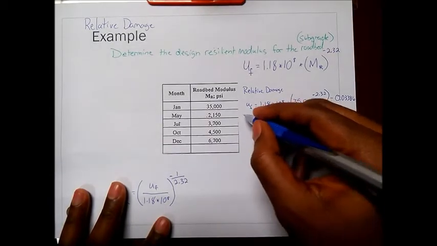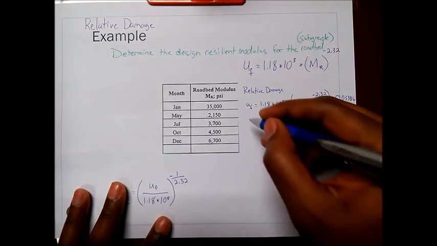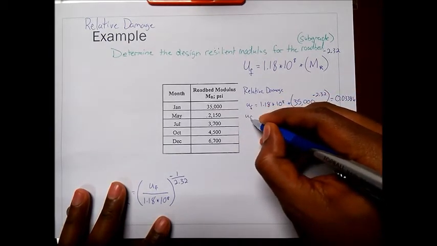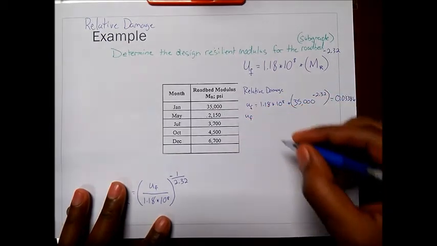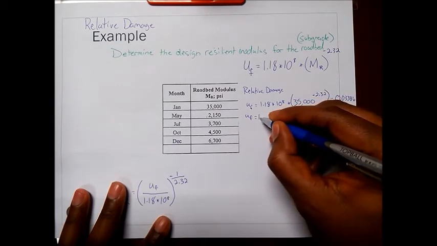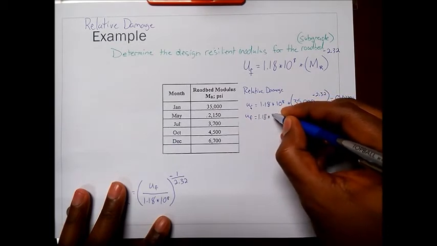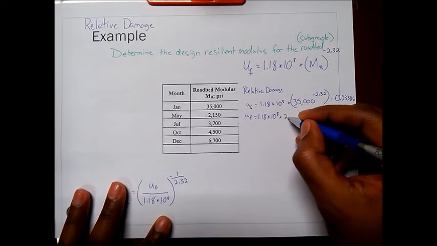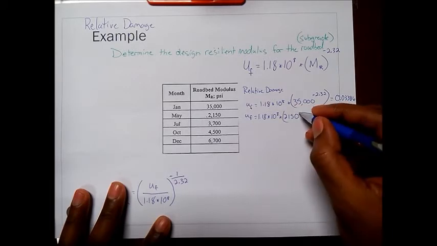Let's do it one more time, and then I'll just start filling them in. For May, you can see it's a big change, a big drop off. It's not as stiff as it used to be. 1.18 times 10 to the 8 times 2,150, all of that raised to the negative 2.32.